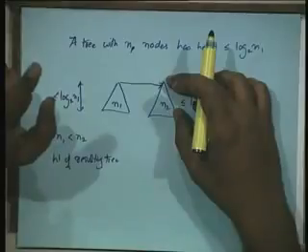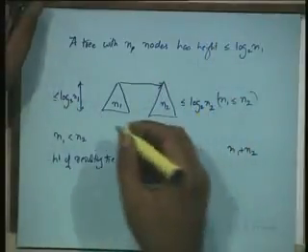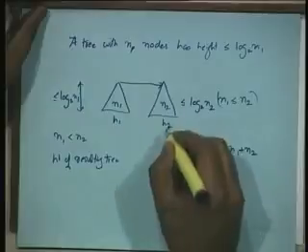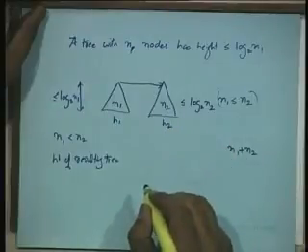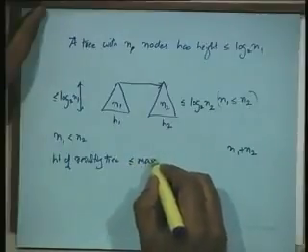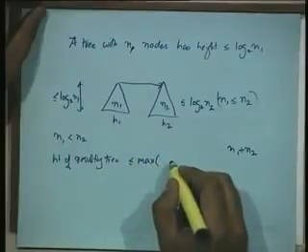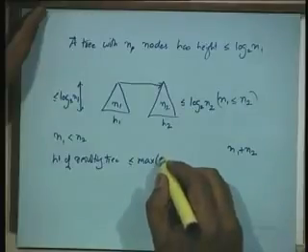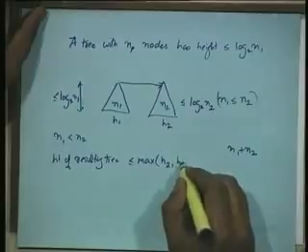So height of resulting tree, if its height is h1 and this one's height is h2, is less than or equal to max of h2, h1 plus 1.